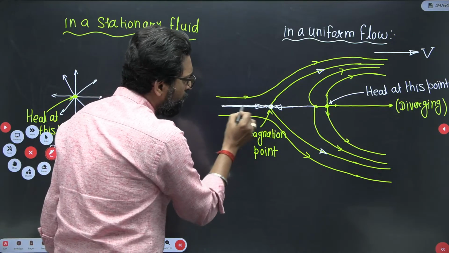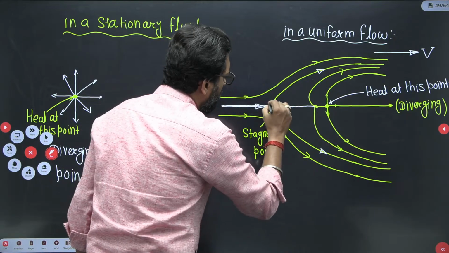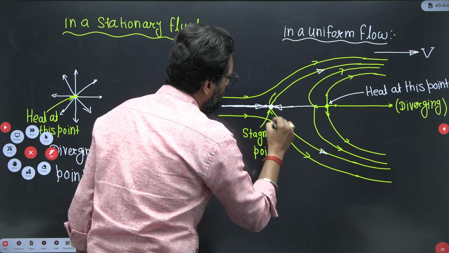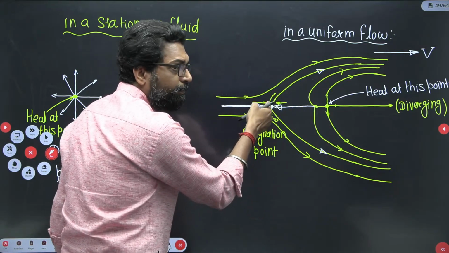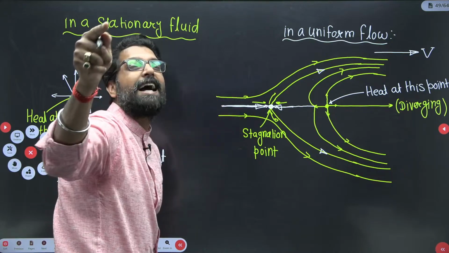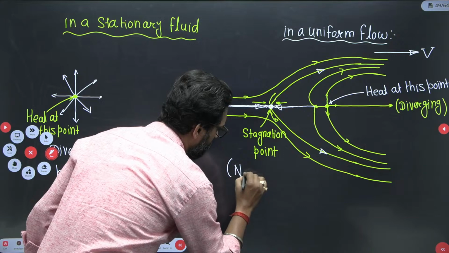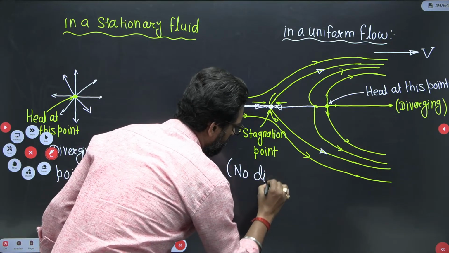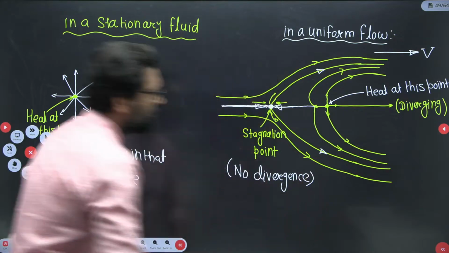Beta, this fluid is coming and this is going, so here it will be converging. So it is not a diverging point, it is a stagnation point. So my dear, the stagnation point divergence is 0. That means no divergence. It is clear? Please tell me.